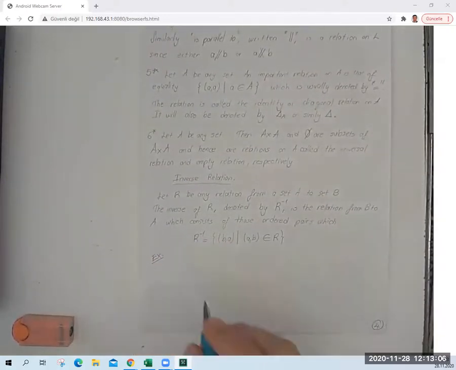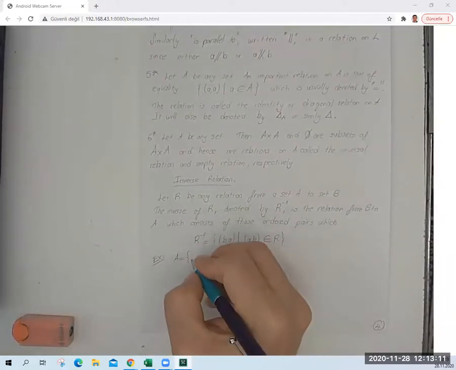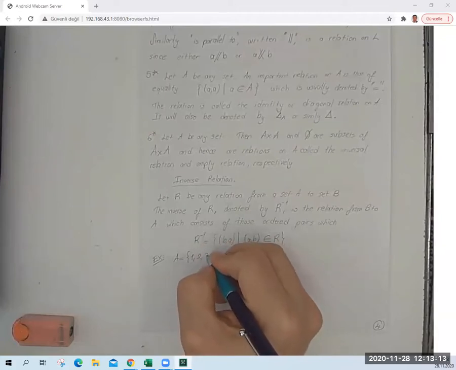We have set A, and inside the set we have 1, 2, 3.